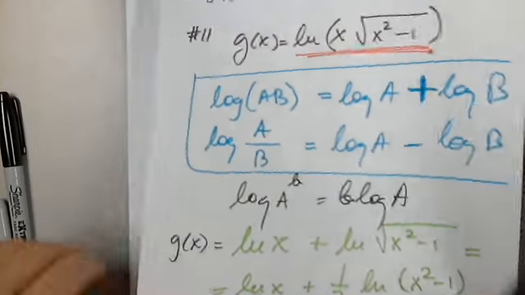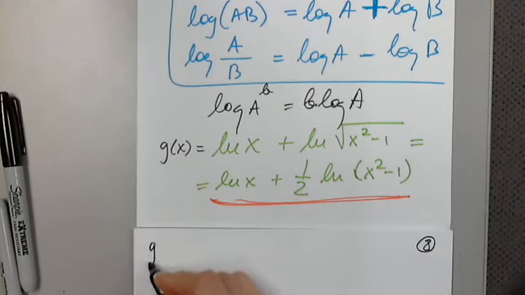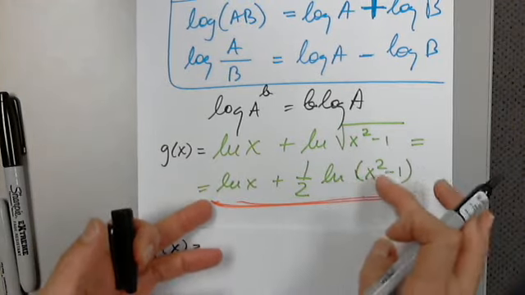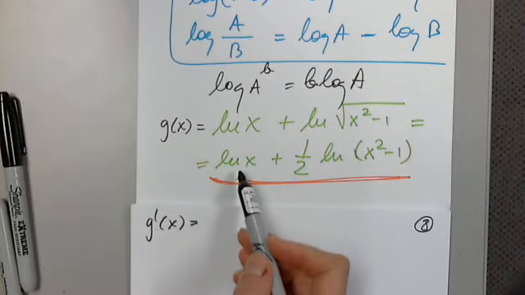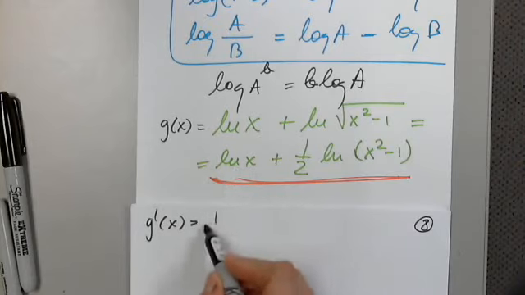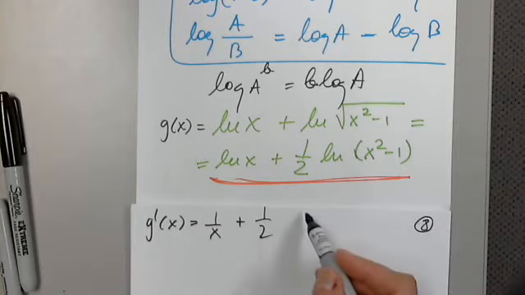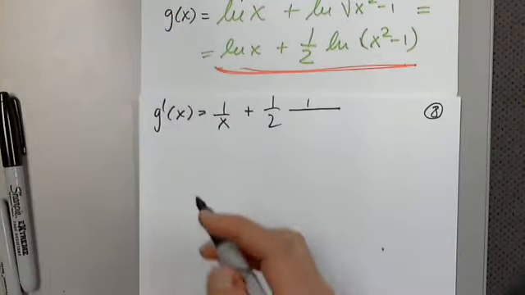So let's do this. g prime of x will be, so this is not a product rule at all. This is a chain rule once, but everything else is, I differentiate natural log first, and I get, very good, 1 over x, 1 over 2 stays, but then I have natural log prime, which is 1 over, oh, see, I did not write that for you.